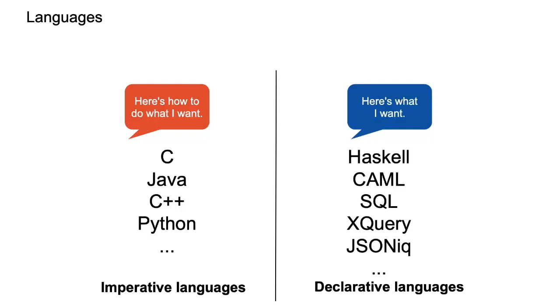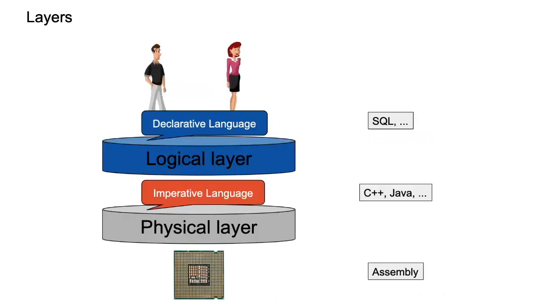But you, as their user, use a declarative and functional query language like SQL, right? And the database management system takes care of interpreting and translating everything you write in SQL. They translate it to C++ and Java and make sure that it runs as fast as possible, optimizing things along the way, and so on.